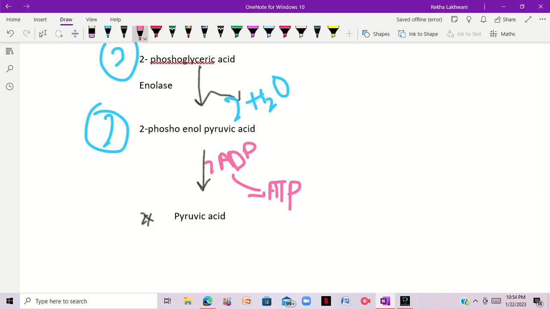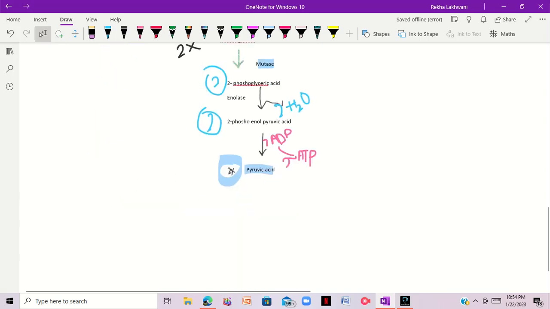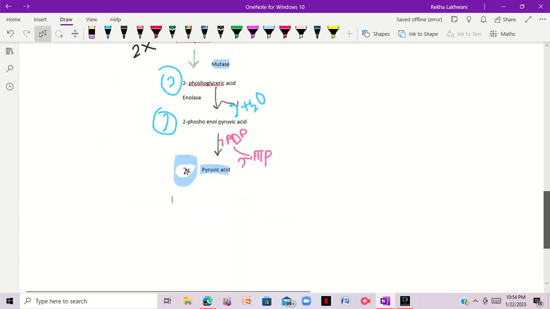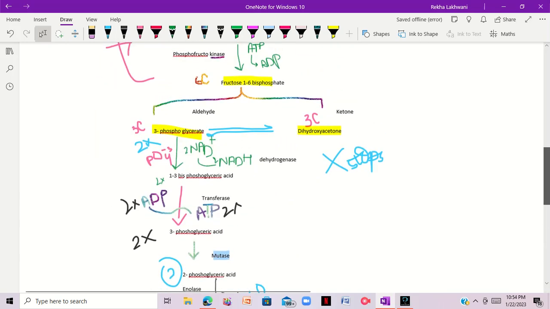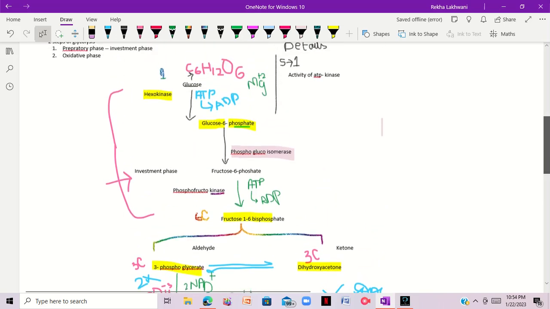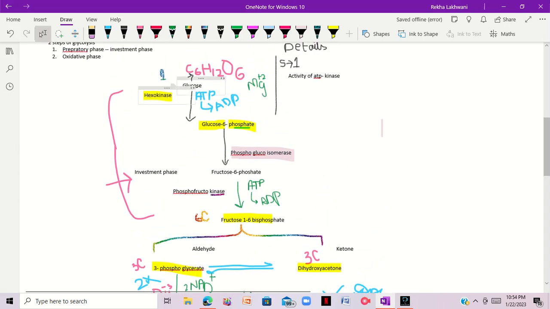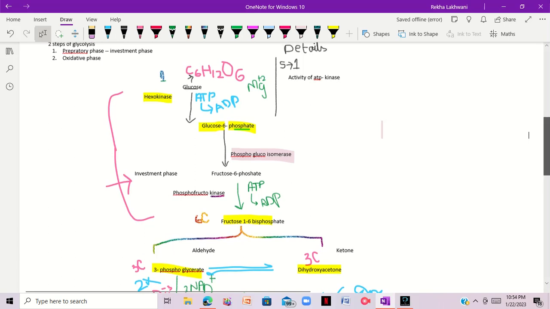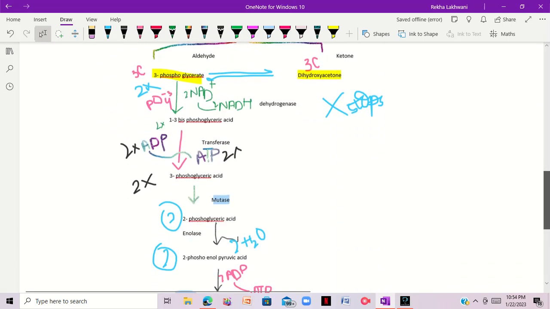So 2 molecules over here, 2 molecules over here, and finally in the end we got 2 molecules of pyruvic acid. So as you can see, this whole is a series. So here the glycolysis ends. This whole is a series of 10 chemical reactions. So it starts from glucose and it ends with pyruvic acid.